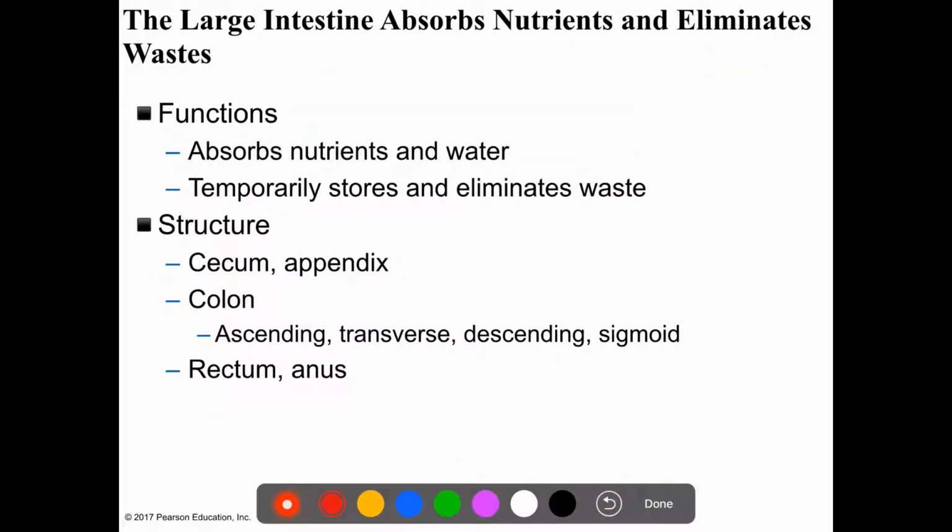The large intestine is receiving the food or the nutrients or the chyme from the small intestine, so it will help in absorbing remaining nutrients and water, and it will temporarily store and eliminate wastes. The large intestine is made out of several parts.